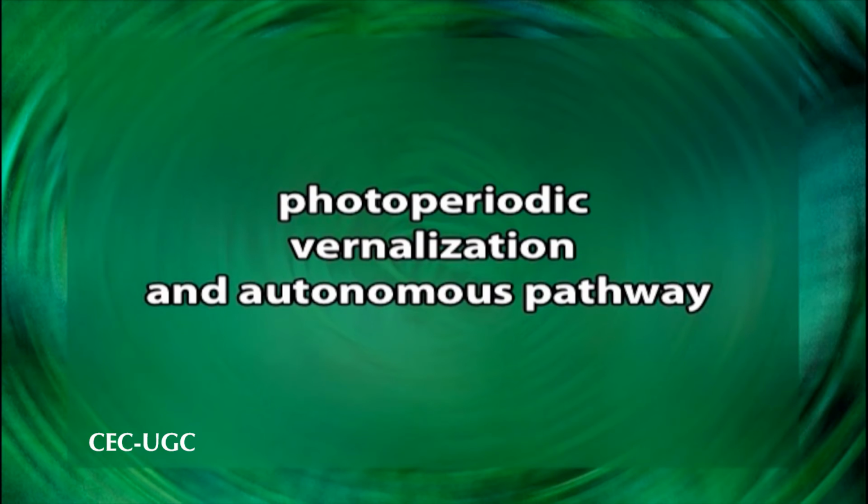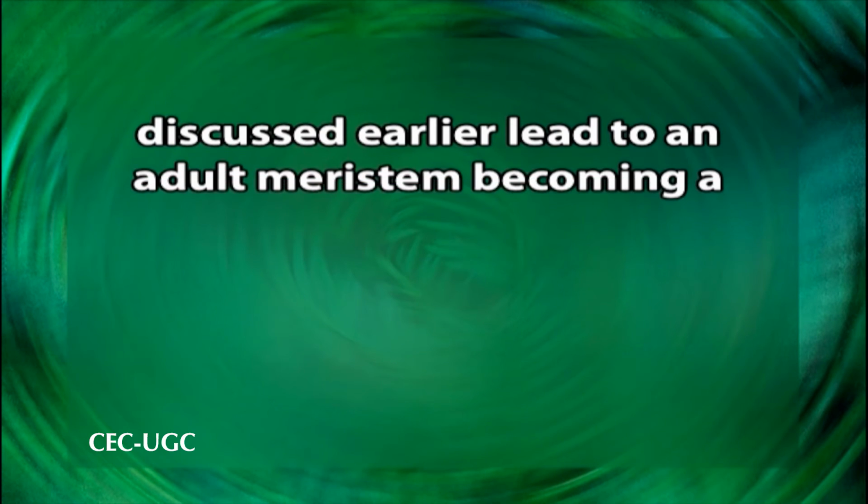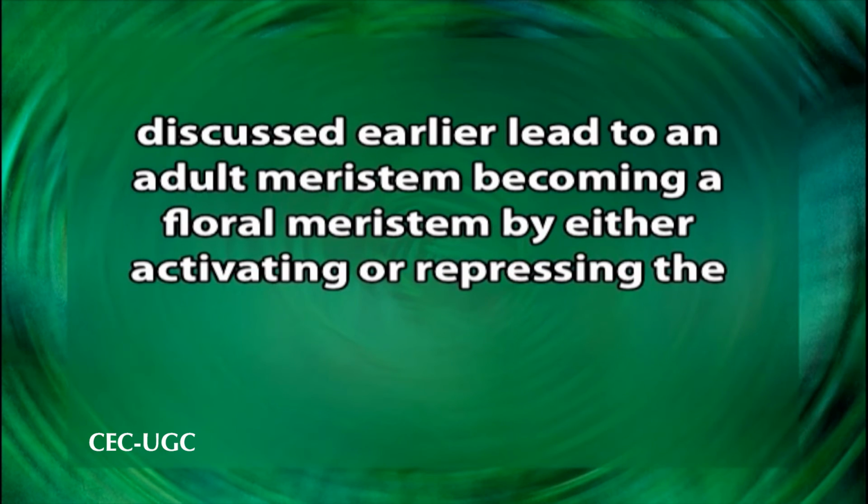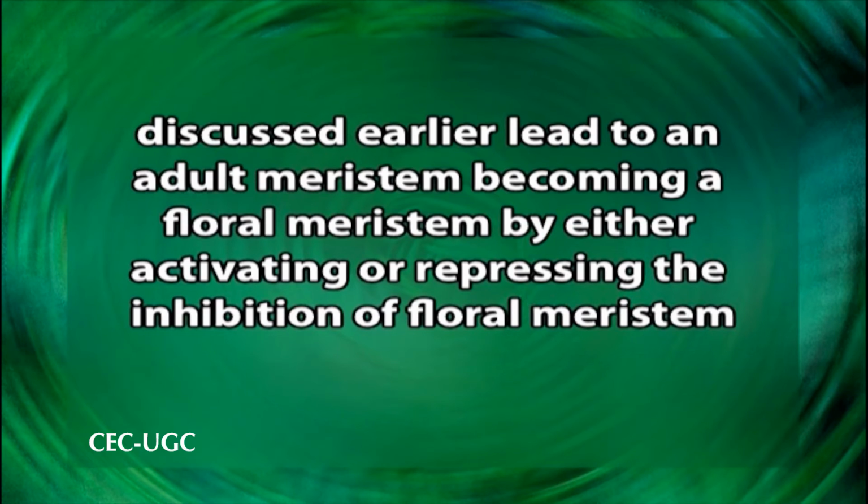The three flowering pathways, that is the photoperiodic, vernalization and autonomous pathways discussed earlier, lead to an adult meristem becoming a floral meristem by either activating or repressing the inhibition of floral meristem identity genes. These genes establish the meristem as a floral meristem. Then they turn on floral organ identity genes.